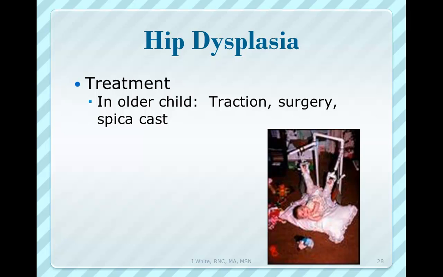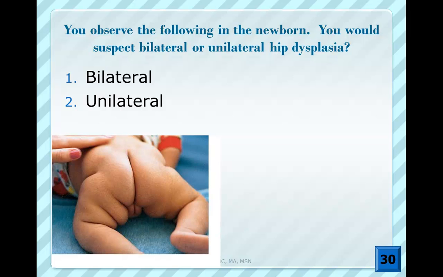If we don't pick it up early, if our treatment is unsuccessful, the child may require traction, as you see here, then surgical correction, and finally placement in a spica cast. A much longer, more difficult course with more complications. So definitely start treatment early and follow through, and they usually do really well.